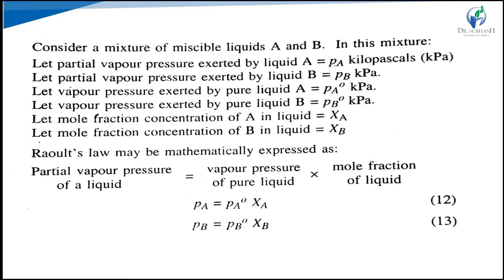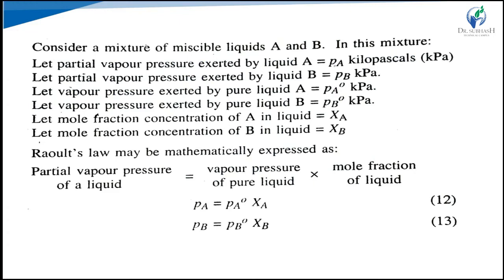So, in the Raoult's law statement, the partial vapor pressure of each volatile constituent is equal to the vapor pressure of the pure constituent multiplied by its mole fraction in the solution at any given temperature. The solution is homogeneous, as we can see by the definition.